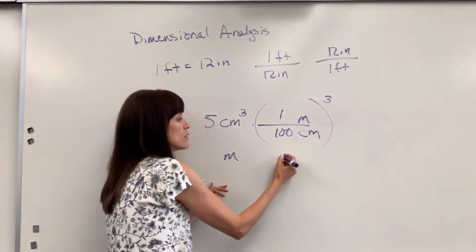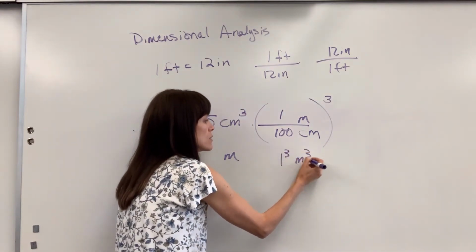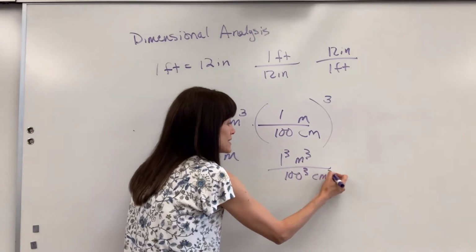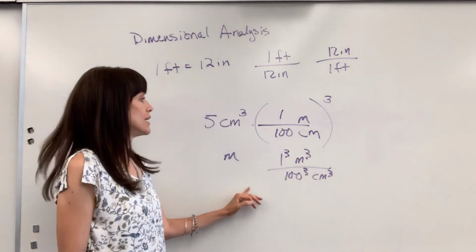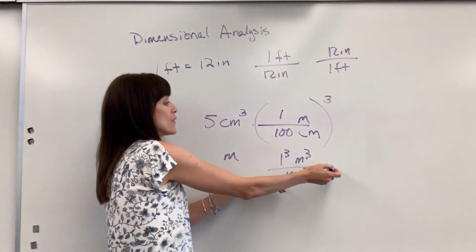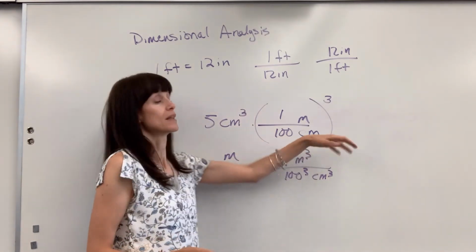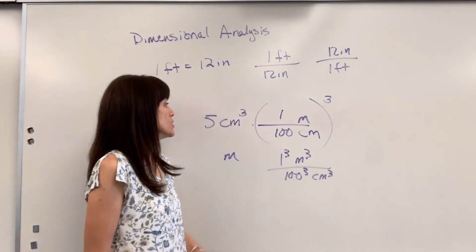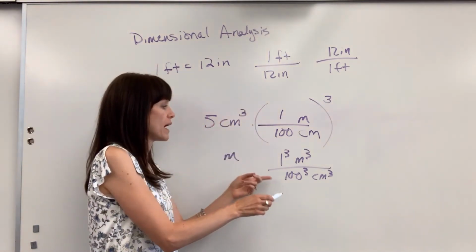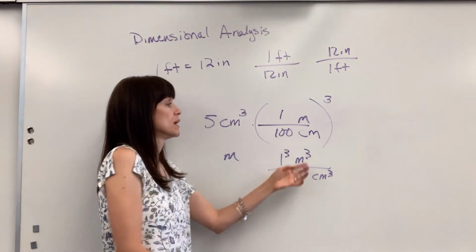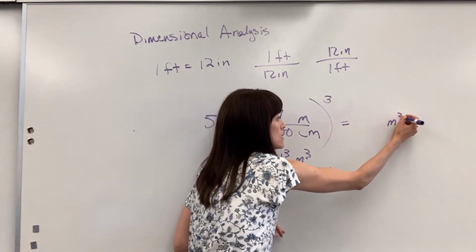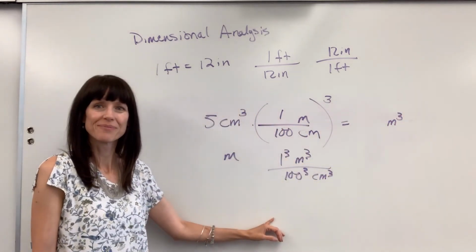If I rewrote it, it would be 1 cubed meter cubed divided by 100 cubed centimeters cubed. At that point, now those centimeters cubed will cancel and we'll be left with meters cubed. So it'd be 5 divided by 100 cubed, and that value will be a unit of meter cubed right there.